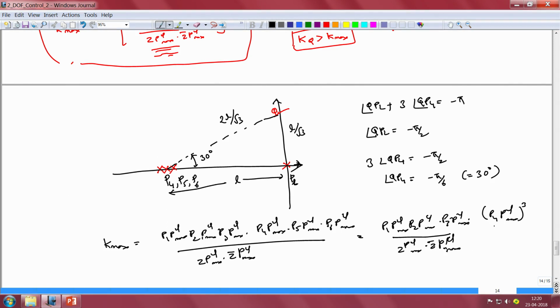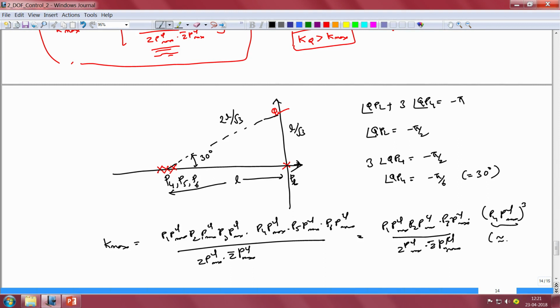Now we noted that the distance P4 PCL max represents a distance from the point P4 to a point that is very close to the origin, situated near the dominant poles minus 1.5 plus minus 2j. Hence for all practical purposes this distance from the point P4 to the point PCL max is approximately equal to the distance of the point P4 from the origin itself.